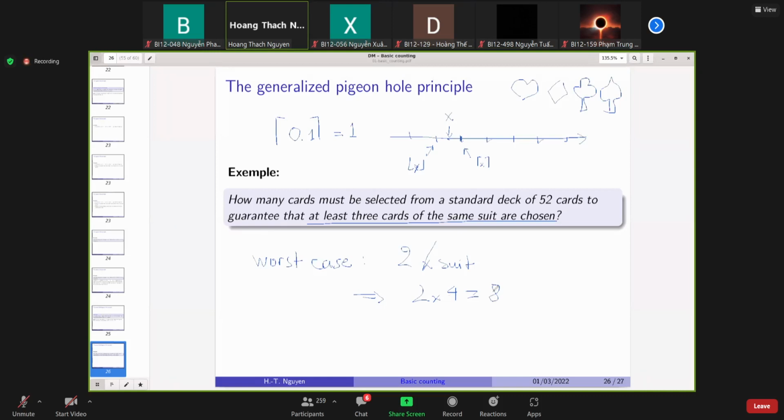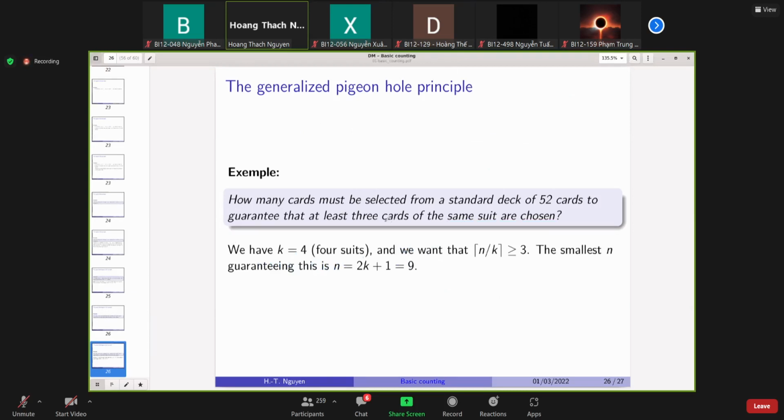And then if you add another card, then we will be sure that we have some suit which has 3 cards.